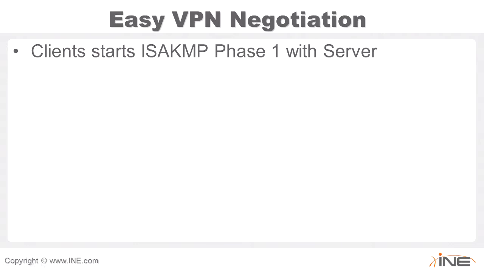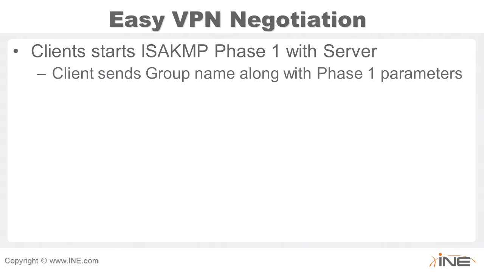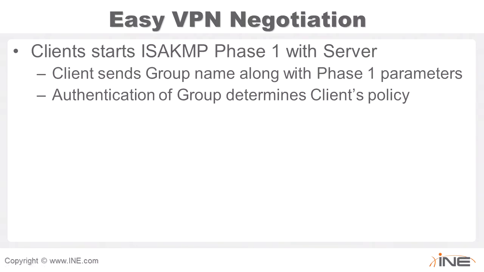In addition to this, the client is going to send a group name that is ultimately going to determine the client's policy that the server is going to offer it. So we have our normal phase 1 parameters with the addition of this group name.